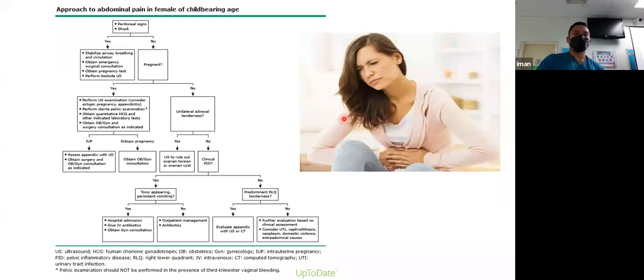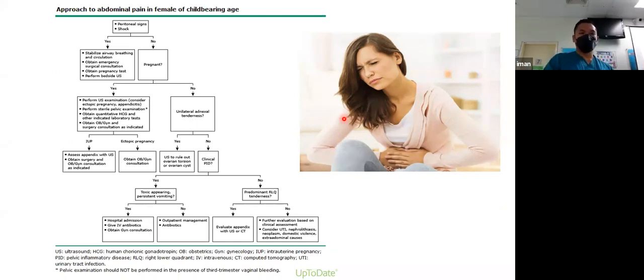Okay, approach to abdominal pain in female of childbearing age. Okay, again we start at the top. Kalau patient datang with peritoneal sign and shock, straight we will resuscitate patient, obtain surgical consultation, and also do bedside ultrasound. Okay, if patient is tak ada peritoneal signs, so we are thinking of patient is she pregnant or not. Okay, that's very important.